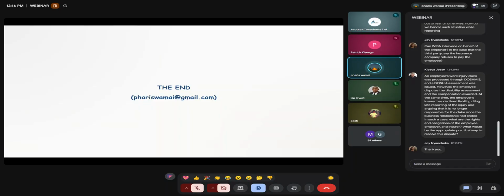The moment DOSH provides the compensation certificate, it's the duty of the WIBA provider to pay. If they are not comfortable with that, they can seek a second opinion, or they can move to court to stop that process.